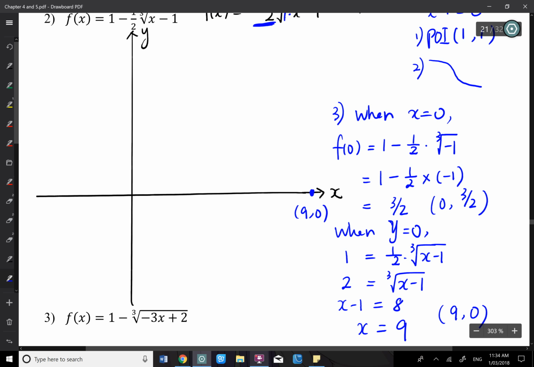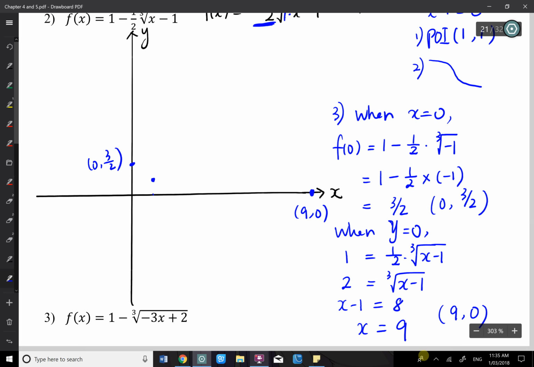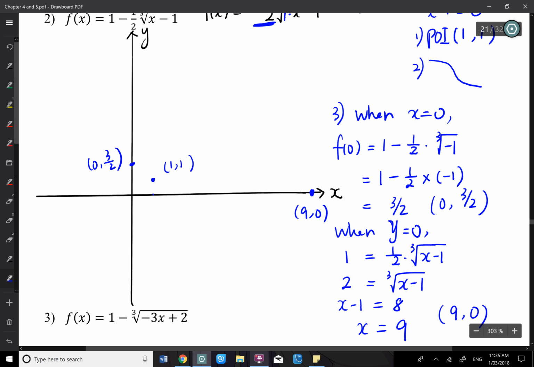The point (9, 0) is here. (0, 3/2) is here. And the point of inflection is (1, 1), which is here. Okay, this graph is very hard to sketch. Don't forget that's the point of inflection, and this is kind of a symmetrical shape.